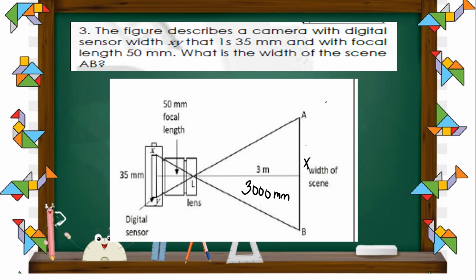So if I'm going to write the ratio here, we're going to have x over 3,000 is equal to 35 over 50. So just cross multiply, then divide both sides by 50, and that will already be the width of the scene.